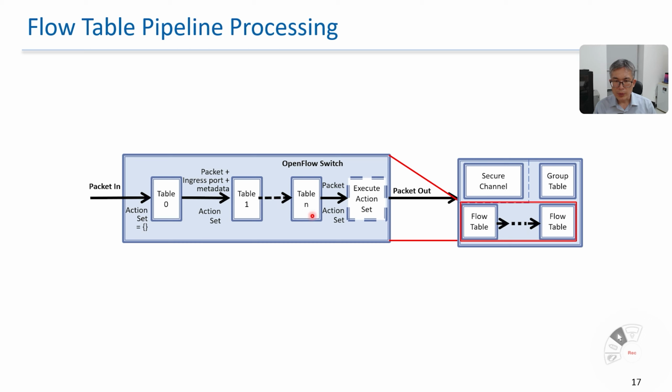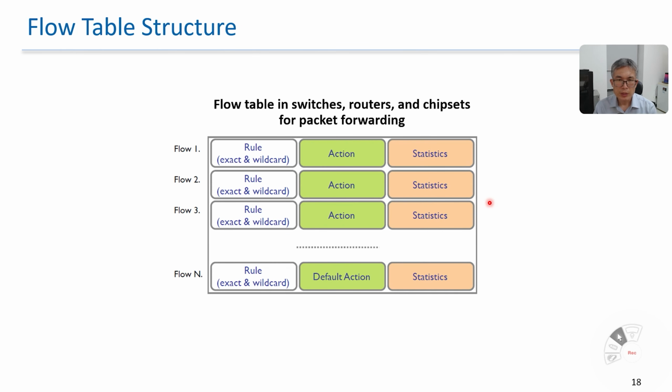Theoretically, we can have n tables. After that, execute the action. So multiple flow tables can be used in a cascade way. In the OpenFlow table I explained, there are flow 1 up to flow n.